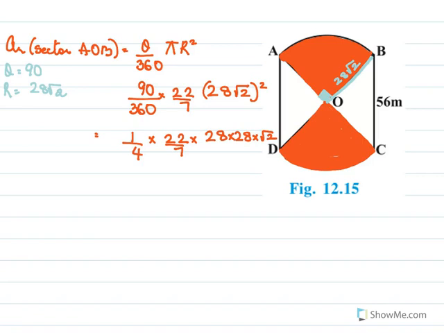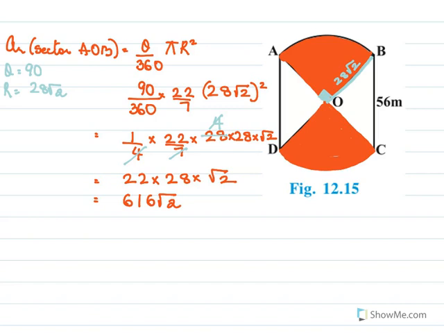So now we cancel. On reducing this, 7 ones are 7, 7 fours are 28, this would cancel out, and now you will have 22 into 28 into root 2, which is 616 root 2.